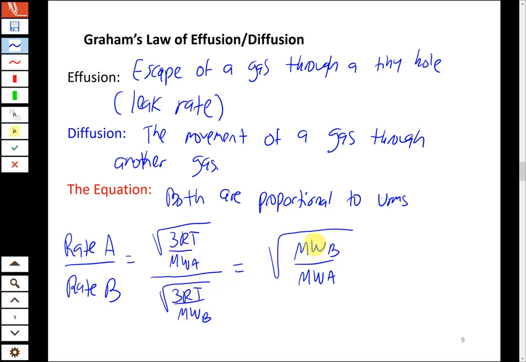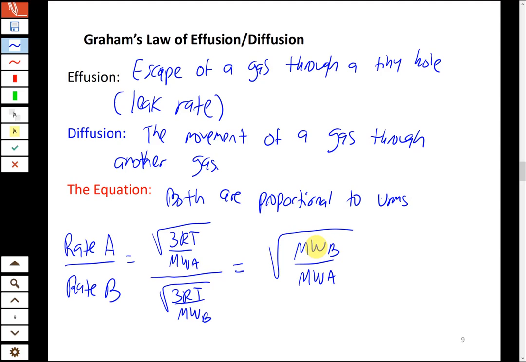And again, that's because the higher the molar mass of the gas, the slower it will be effusing or diffusing, and vice versa. So the rate and molar mass are inversely related as a square root relationship, so that's why rate A over rate B is molar mass of B over molar mass of A. That's going to be the standard form of this equation in terms of rates of effusion or rates of diffusion.